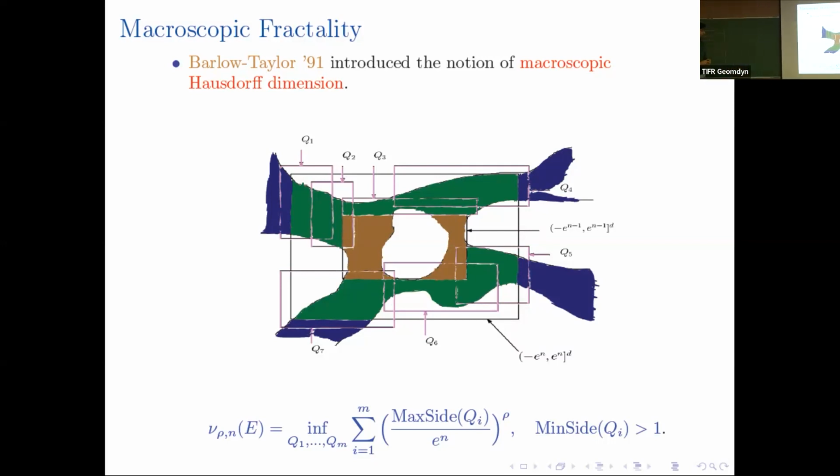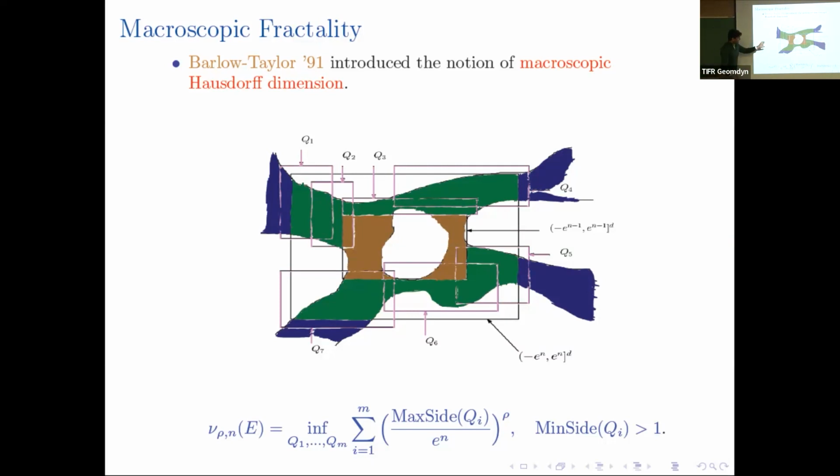I'll just give it to you here. So what we do is take a geometric object, which could be in any dimension, and divide that geometric object by a sequence of growing squares. For instance, here you can see the inner square, which is e to the power n minus 1 to the power d, and the outer one is e to the power n to the power d.